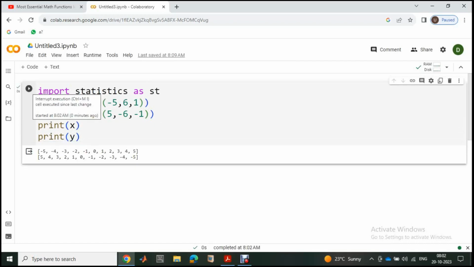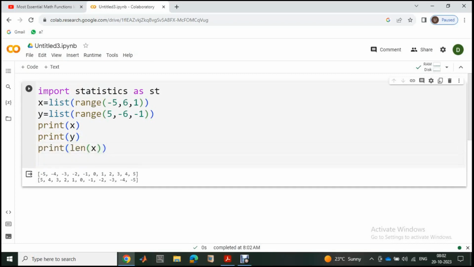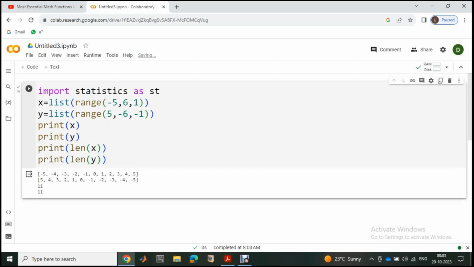From the result it is clear that x has 11 values and y also has 11 values, so both are the same. I also want to print the length of x and the length of y, because the sample size should be the same. If I print it, you see both have 11 elements.